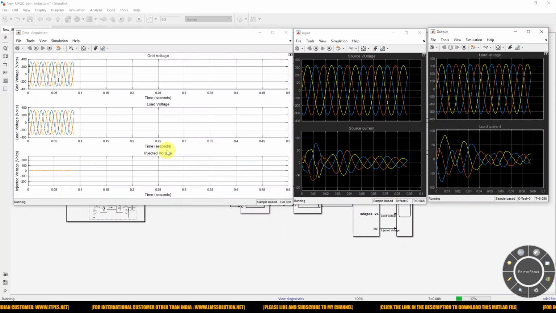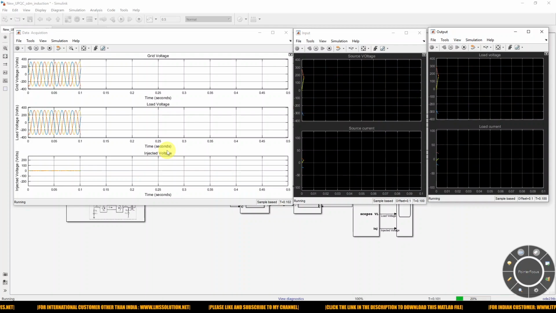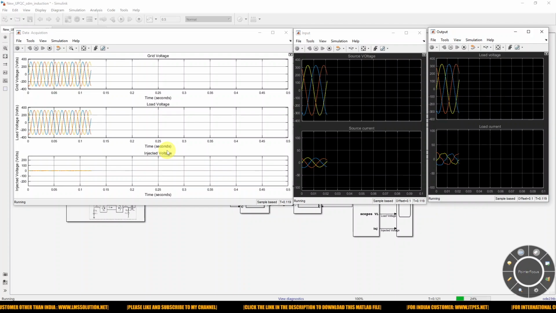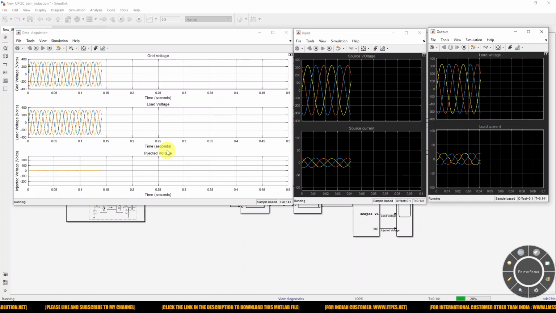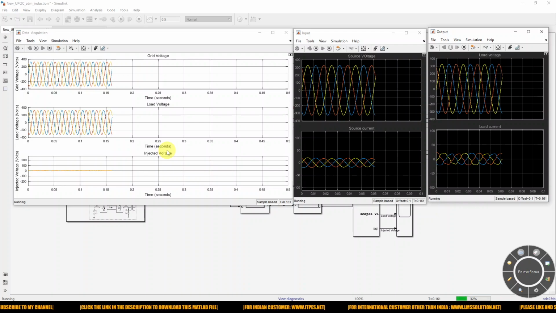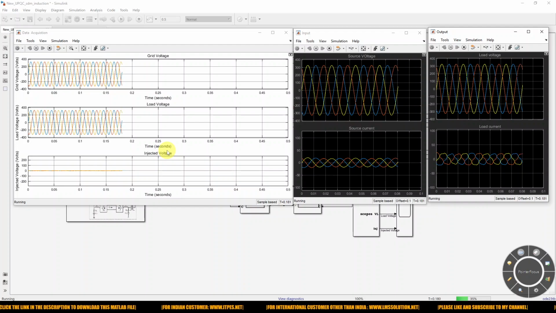Now we check the response of the grid voltage and load voltage after 0.2 second under double line fault. So we wait up to 0.2 seconds. During 0.2 second, the fault is created in the system. We have to check those results.